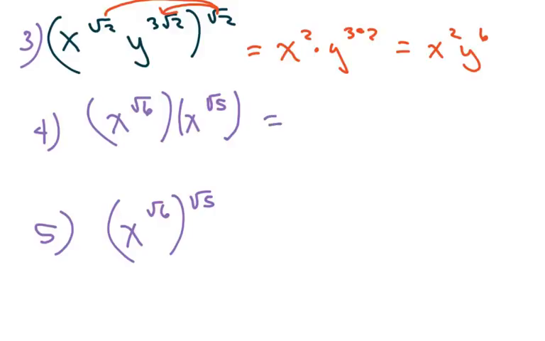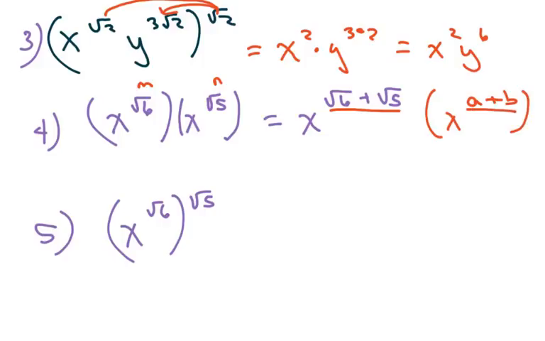So this is merely going to be x to the square root of 6 plus square root of 5. This would be your m and n. So you're just adding it, and you can't add these because they're not like terms. It's like saying x to the a plus b. Since these are different, you can't add them. So that's just your final answer.